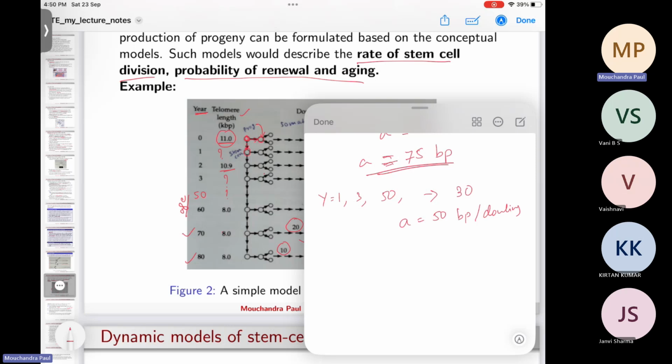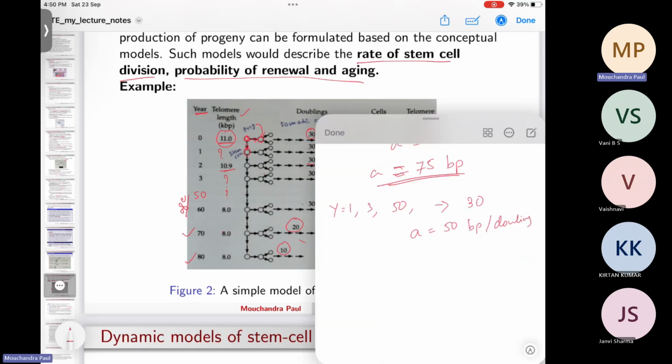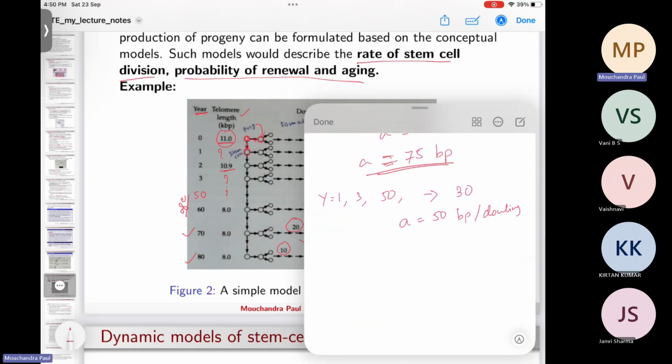So now you can again frame an expression. From this side, you don't know the value to start with, minus 50 base pairs being lost per doubling, for 30 doublings, and you have to find this value.